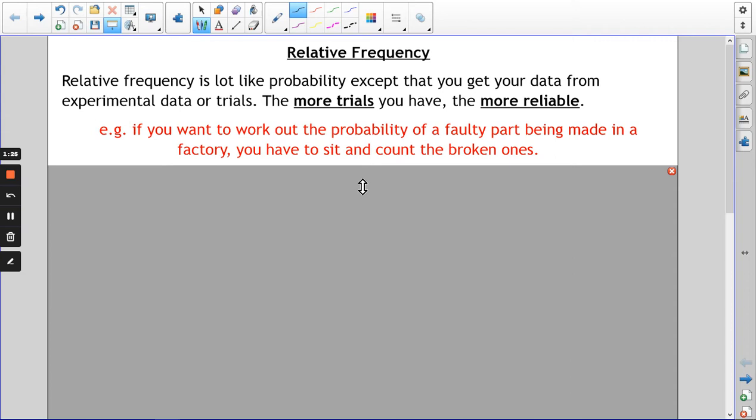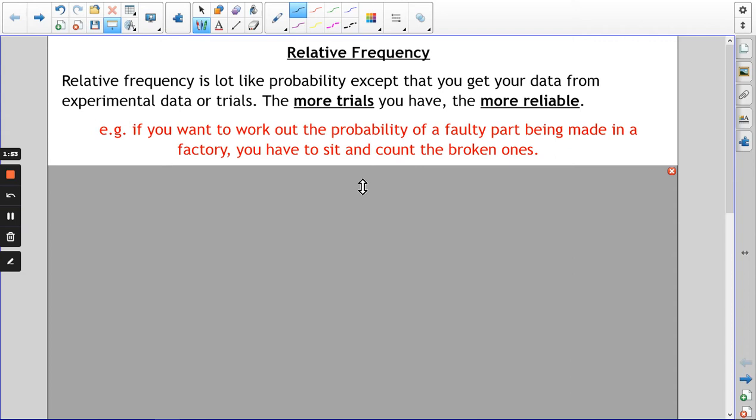The only way you're going to get that information is to actually run the machine and sit there and count how many it's made and how many of them are broken, and then you'll have an idea of what's going on in your machine, whether 10% of them are broken, or 5%, or 1%. So relative frequency acts like probability, but it doesn't come from a book, it doesn't come from a calculation, it comes from actual data.